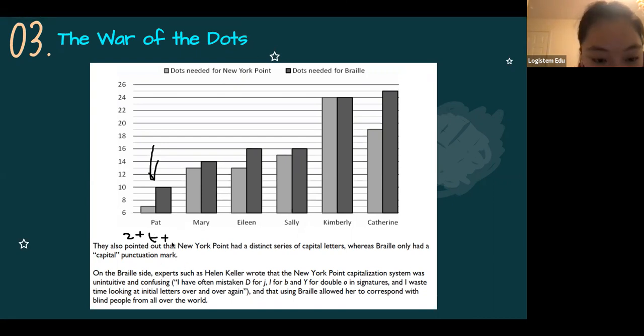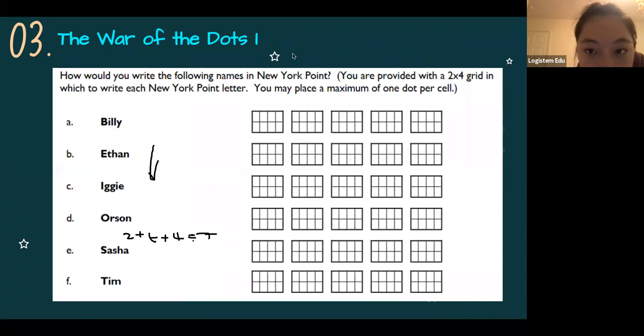So P plus 4 has to be equal to 7. 4 is the minimum, but we see that it has to be 4 because T has to have a dot. So that means T equals 1. And since E has a dot on the top, that means T will have a dot on the bottom. And to make it uppercase, just add the 3 dots up here. Okay, and then we have I.